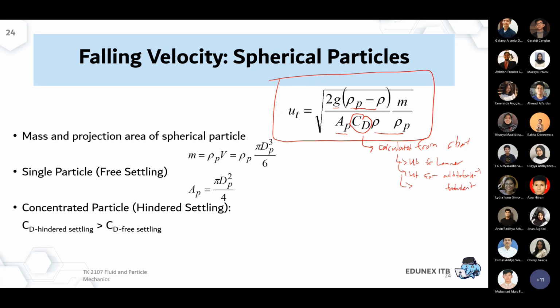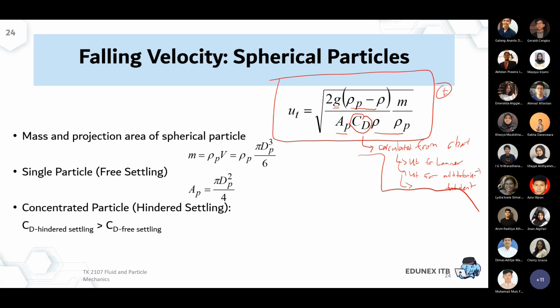You don't have to confuse yourself about this separation if you just want to stick with this one formula. It is actually applicable for all regimes. The challenge is you need one more step to calculate the CD in a preliminary step of your calculation.